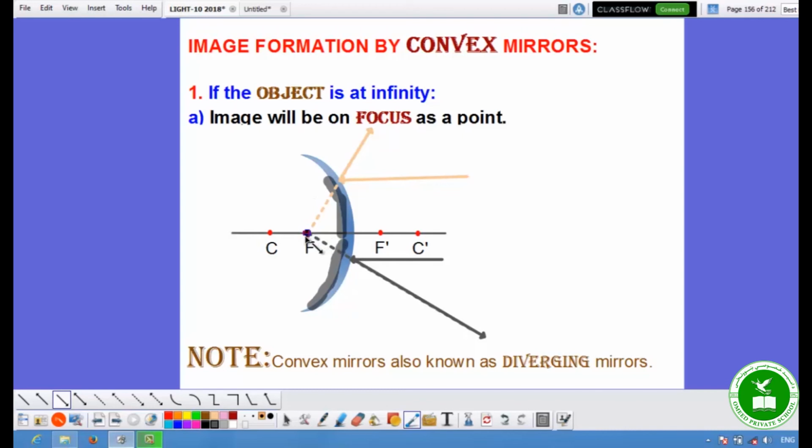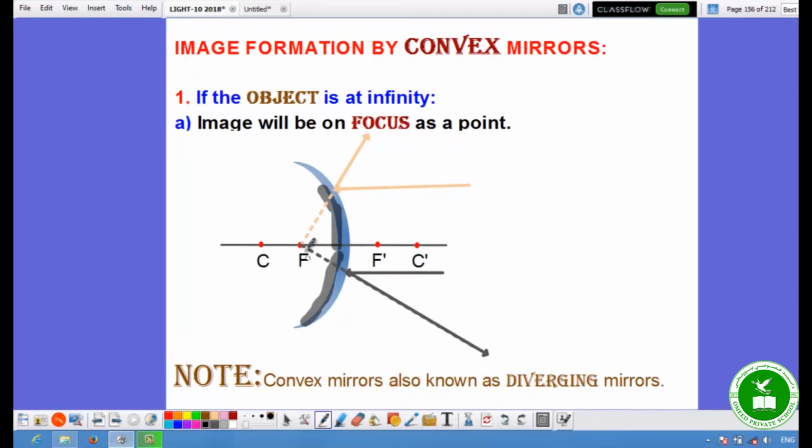The extensions intersect each other at this point. So the image is formed at this point as a point.